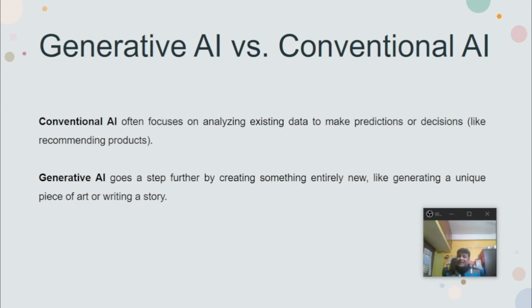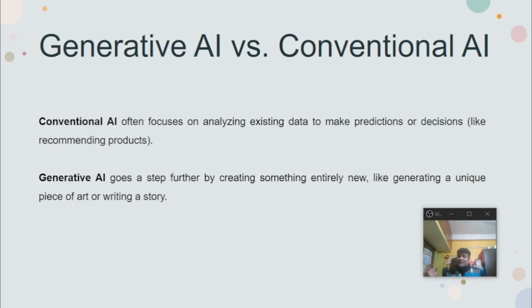So, what is the difference between generative AI and conventional AI? Conventional AI focuses on analyzing existing data to make predictions or decisions, like recommending products, but it is based on trained data, not untrained data.